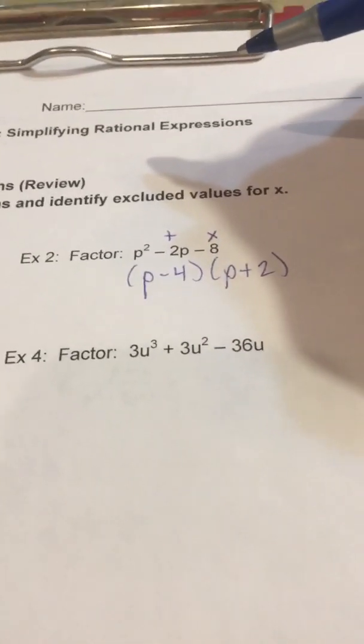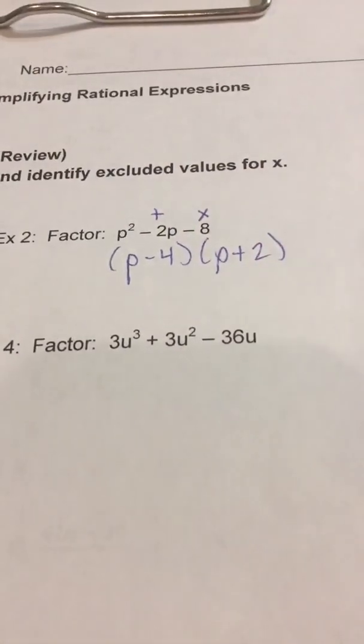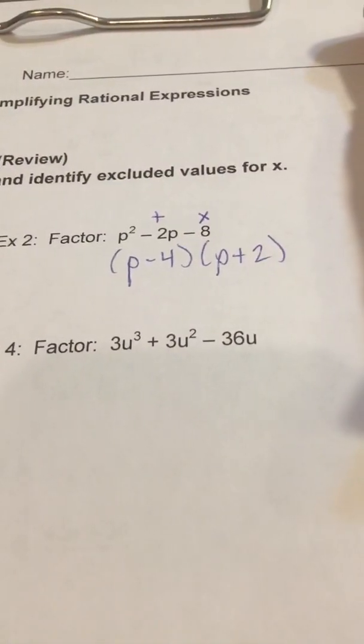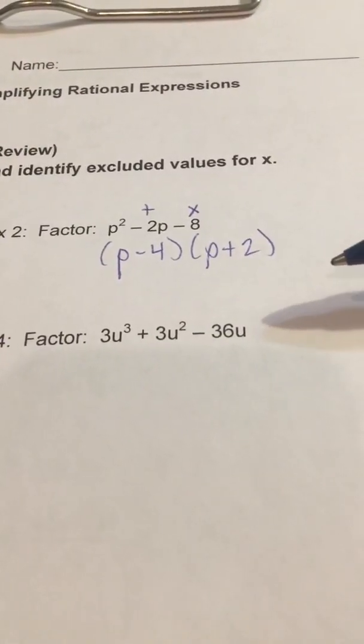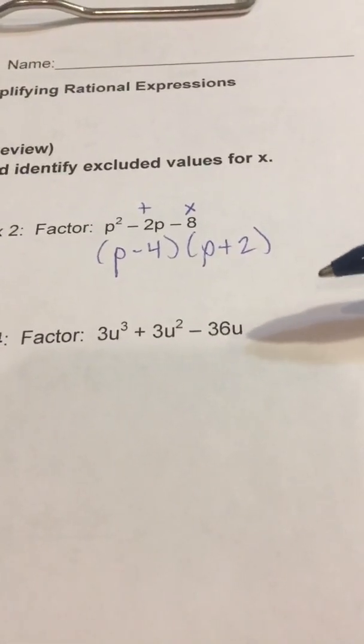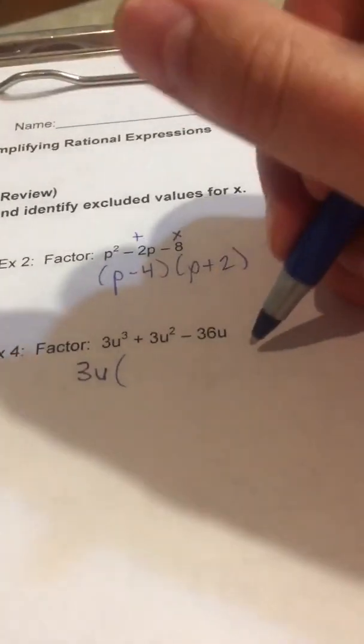Example 4. 3u to the third plus 3u squared minus 36u. Remember, what's the first thing you look for when you factor? Greatest common factor. And what would be the GCF in this problem? 3 is part of it, 3u. They all have a u. So GCF is 3u. So first thing I'm going to do is just divide 3u out of this whole expression.